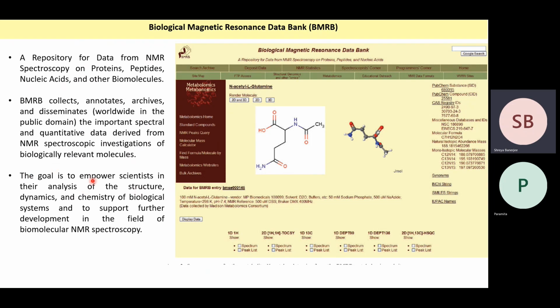So the goal is to empower scientists in the analysis of the structure, dynamics, and chemistry of biological systems, and support further development in the field of biomolecular NMR spectroscopy.